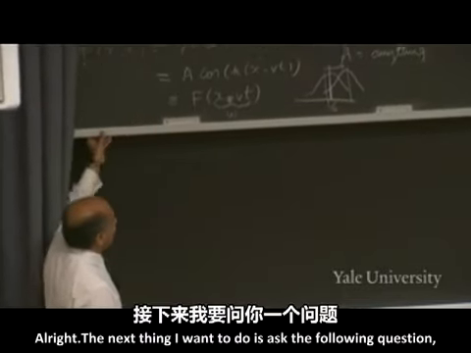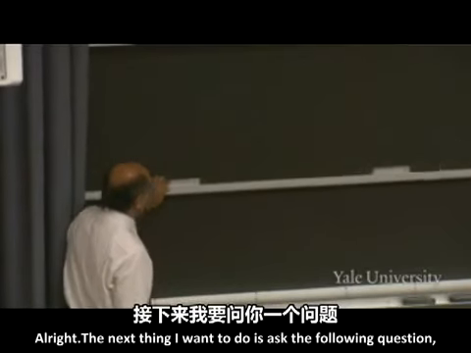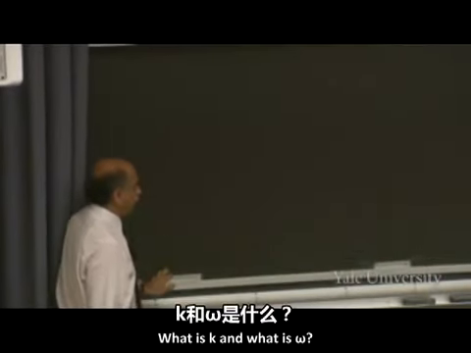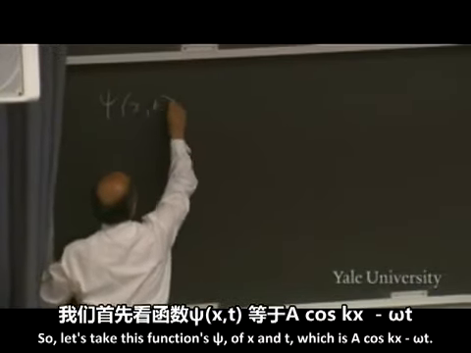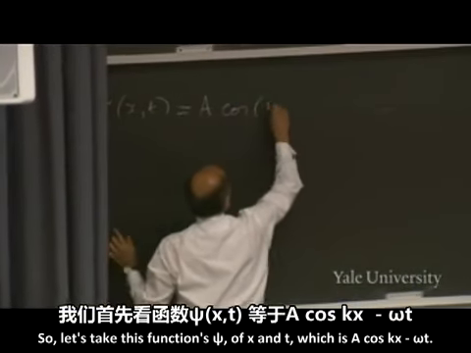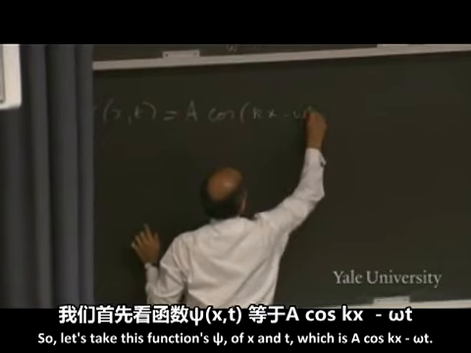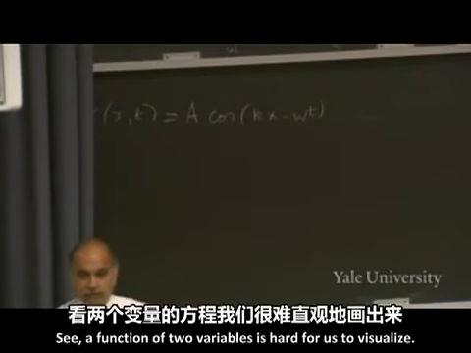All right, the next thing I want to do is ask the following question. What is k and what is omega? So let's take this function psi of x and t, which is a cosine of kx minus omega t. See, a function of two variables is hard for us to visualize.